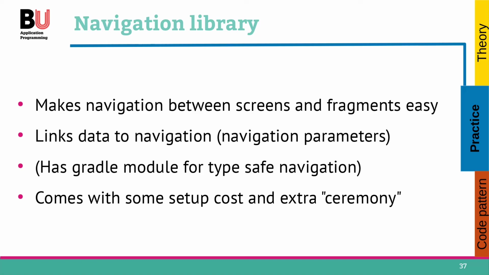So the navigation library makes this easy. We link the data to the navigation, so it makes it easier to do this correctly. This is more important if you have big applications with a lot of developers working on things, and then it's much easier to give them a function that just asks for an integer than to make sure they know the right name and that it needs to be an integer, not a string.